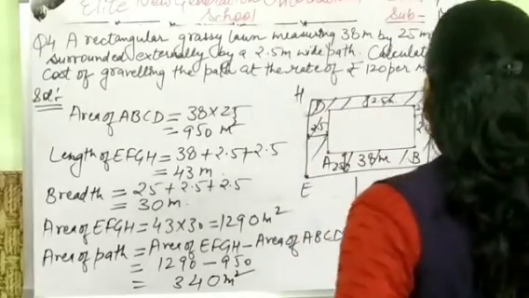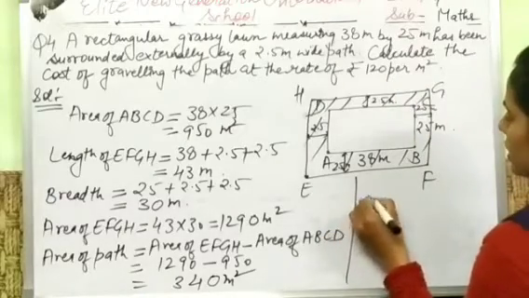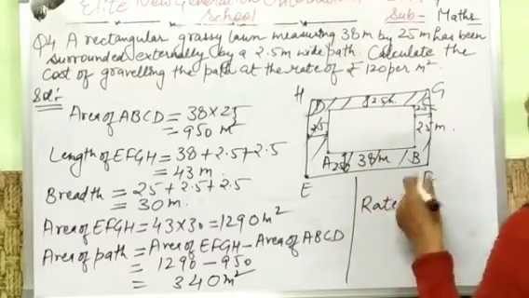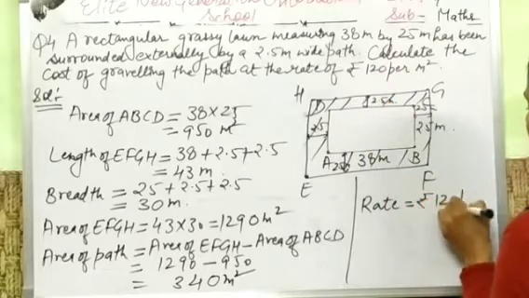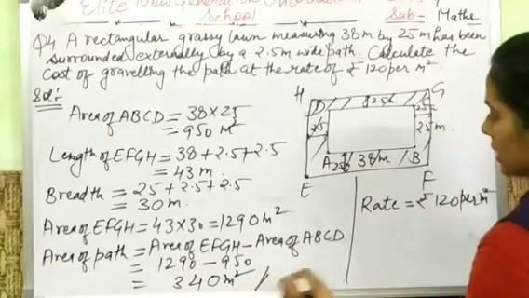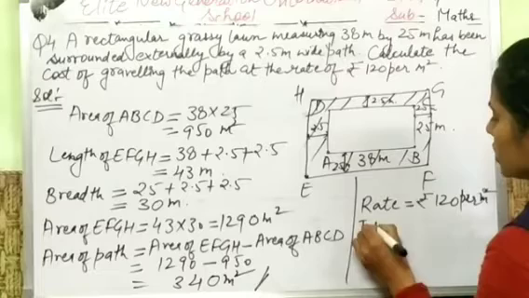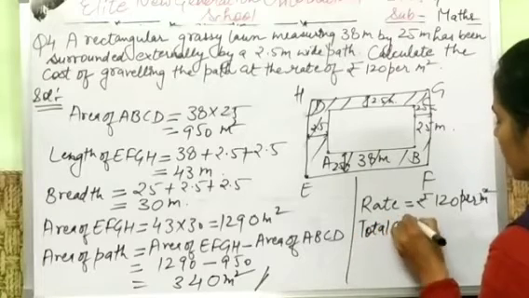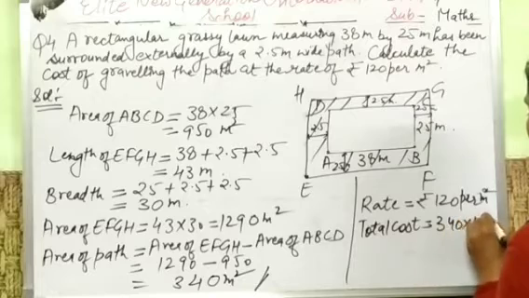Now we have to find the cost as well. The rate of constructing the path is given as rupees 120 per meter square, and we already have the area of the path, 340. So total cost is equal to 340 into 120.